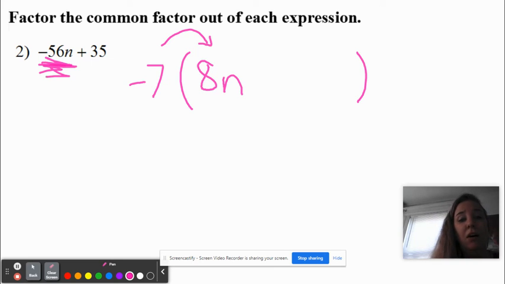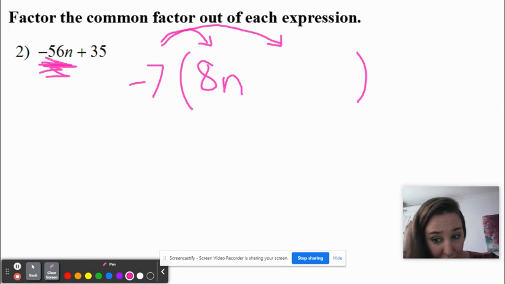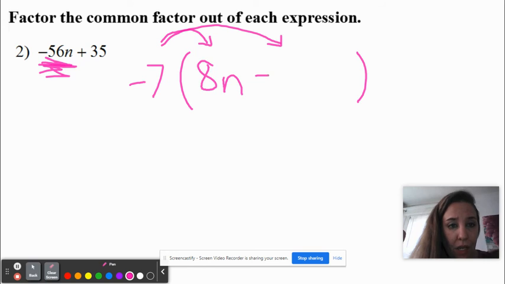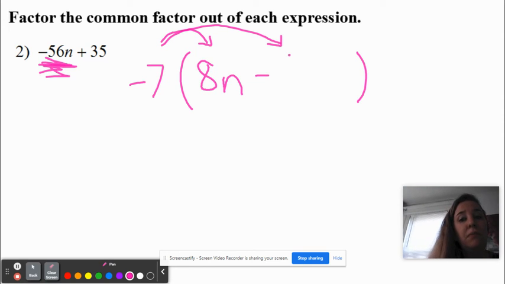Okay. Now, negative 7 times what brings me to a positive 35? So you do have to think about your signs. Negative times a negative is the only way I would end up with a positive. And 7 times what is 35? 7 times 5 is 35.